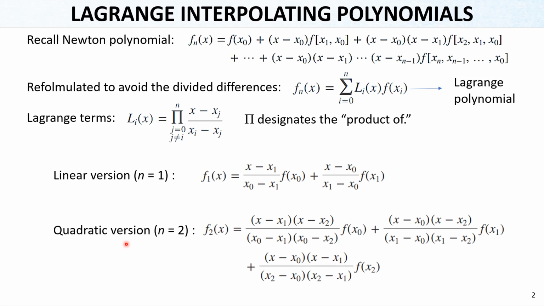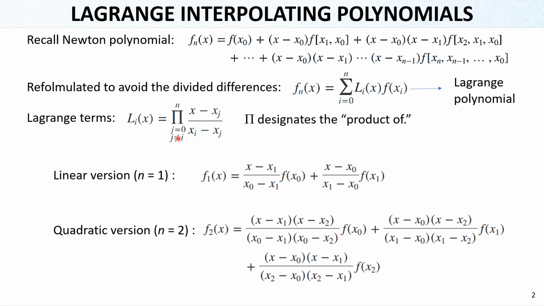Let's see the quadratic version. Now we have n equals 2, so i goes from 0 to 2, which means we have 3 terms, 0, 1, and 2, for f(xi), and for Li as well. If i is 0, then this should be a different one: x0 minus x1 here, and also x0 minus x2 here.